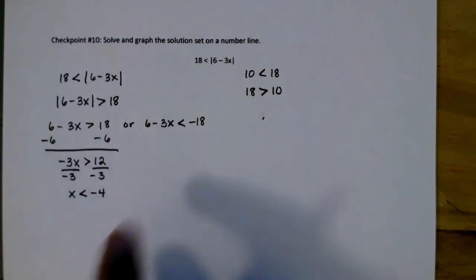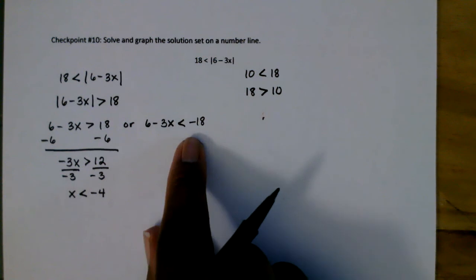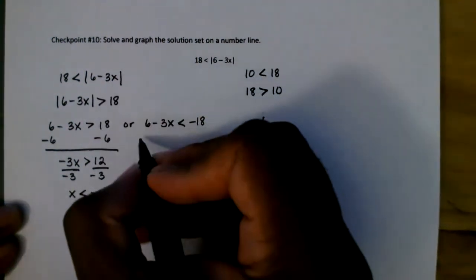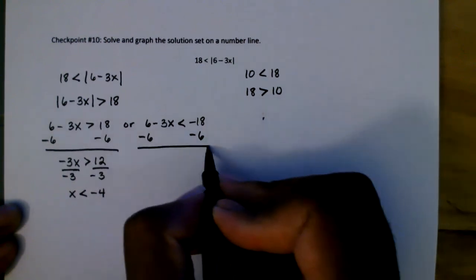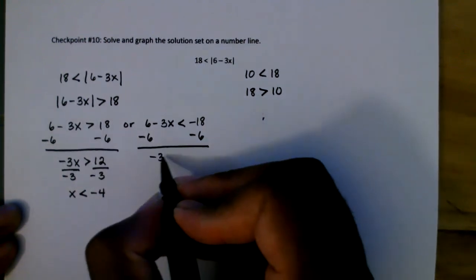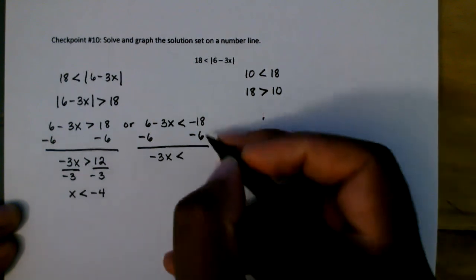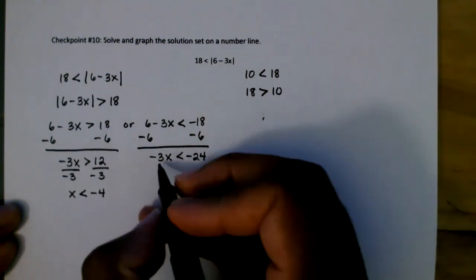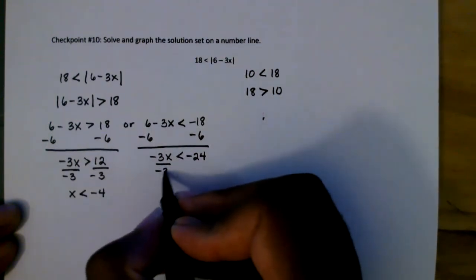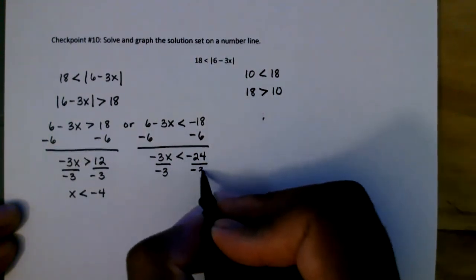For the second inequality, 6 minus 3x is less than negative 18. Again, if we subtract 6 on both sides, we get negative 3x is less than negative 18 minus 6, which is negative 24. Then divide both sides by negative 3.